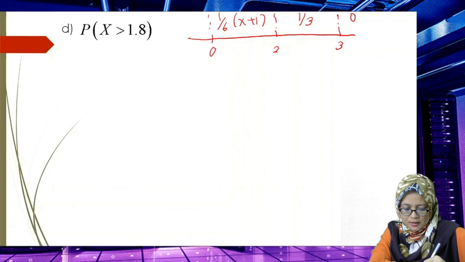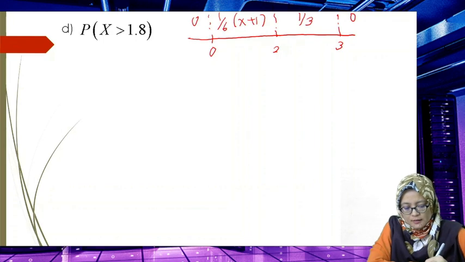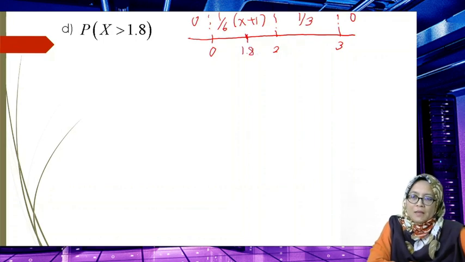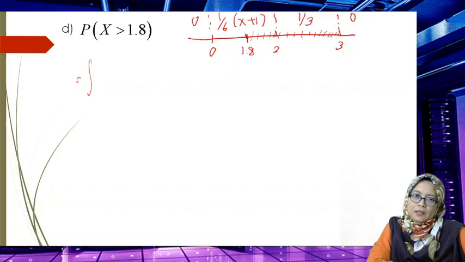So other than that is 0. Okay, so x greater than 1.8. 1.8 is here. Ini 1.8. Okay, so sama macam tadi juga. So awak boleh integrate daripada ni yang kita nak cari lah, 1.8 sampai paling maksima dia punya interval sampai 3.